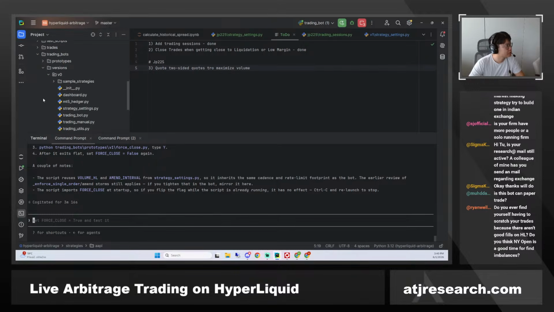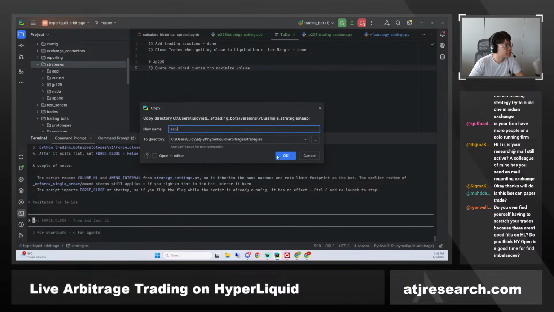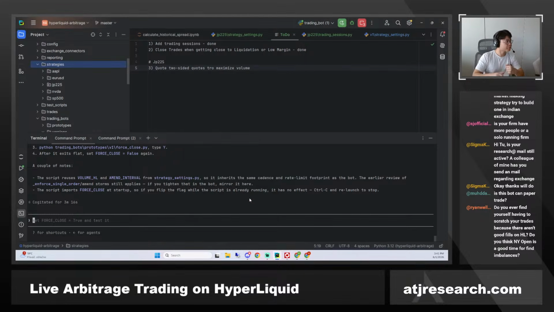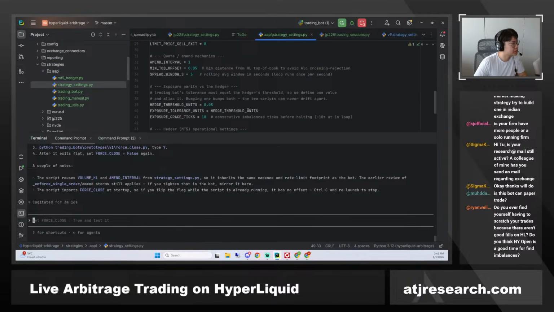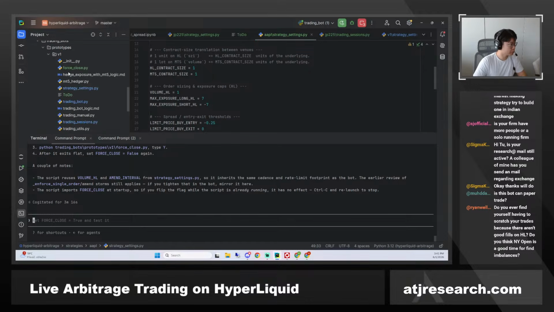The reason why is that I have the sample strategies here. So let me just copy this Apple folder here. So here we have the old Apple settings. So these are strategy settings for Apple. And what I want to do is close my trades on Hyperliquid. So with the new script I created, which is in V1, I have the force close, and I think that's all we need.